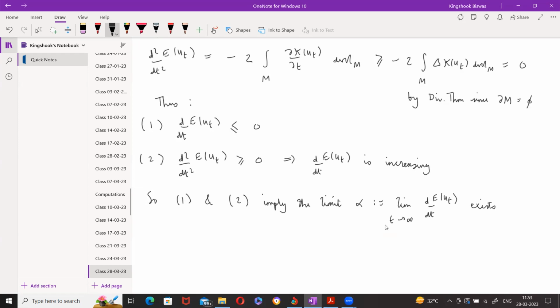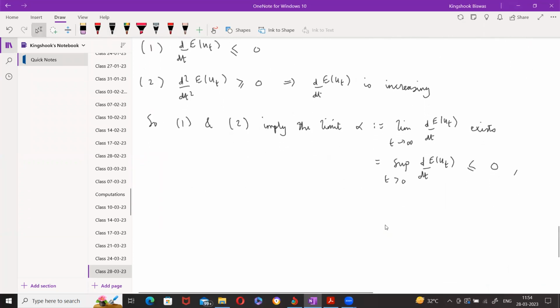It's just baby real analysis: a monotone function bounded above has a limit. For a monotone function, the limit is just the supremum. And the supremum is less than or equal to 0 because the function is less than or equal to 0.